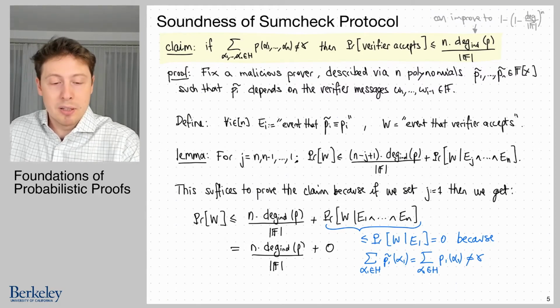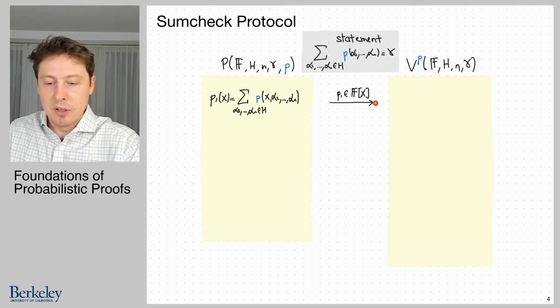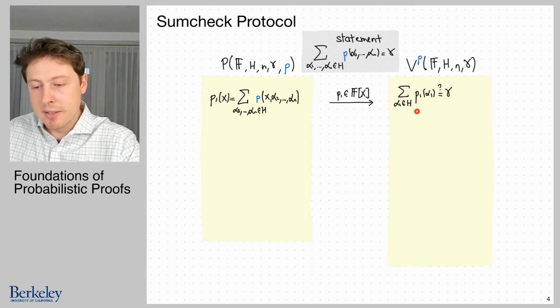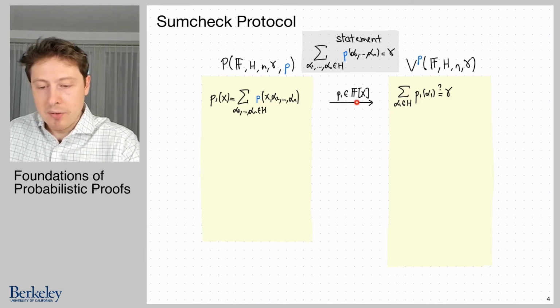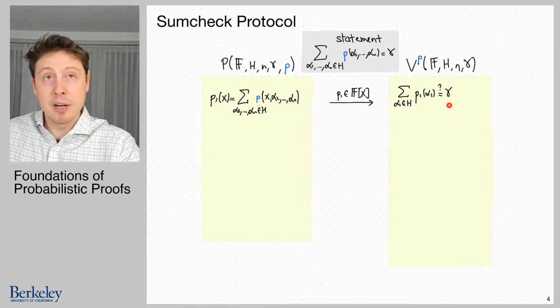Let's just go back to the prior slide. Here, that's the first round. No randomness has happened so far. And the first check the verifier does says, okay, if you really claim that whatever you're sending me is the whole sum but for the first variable, let me sum over the first variable and see if I really do get gamma.